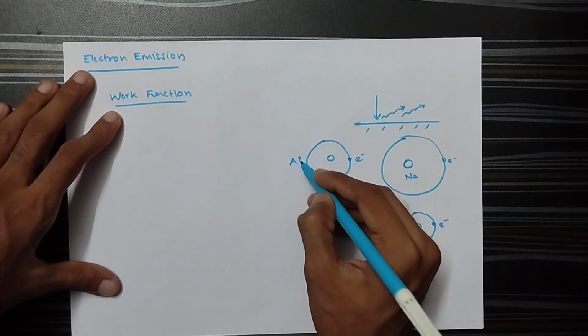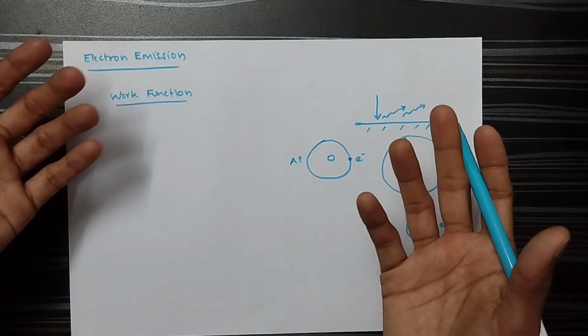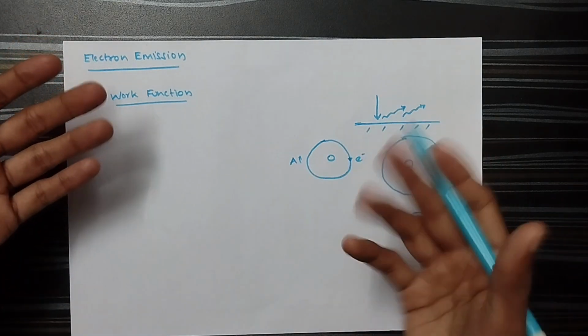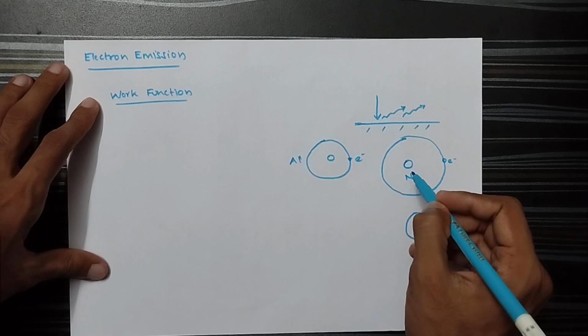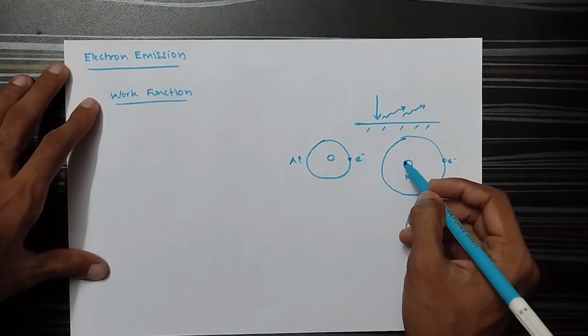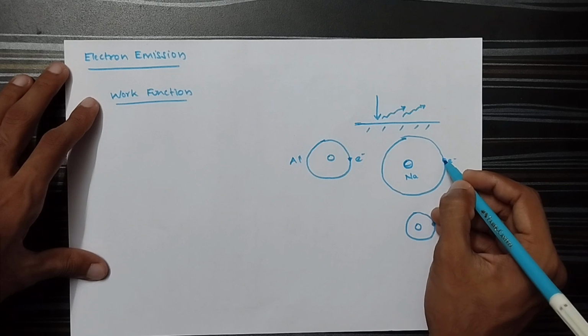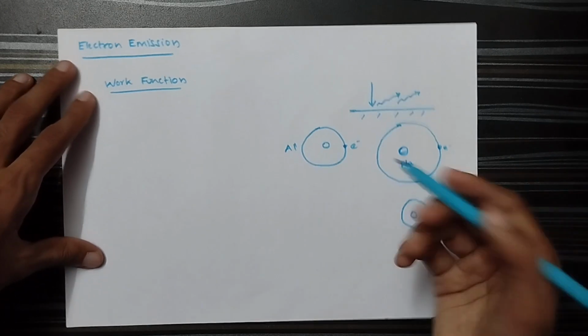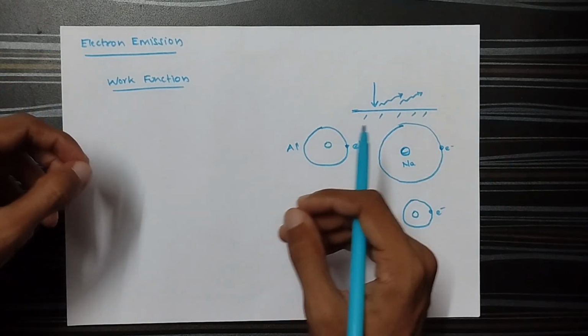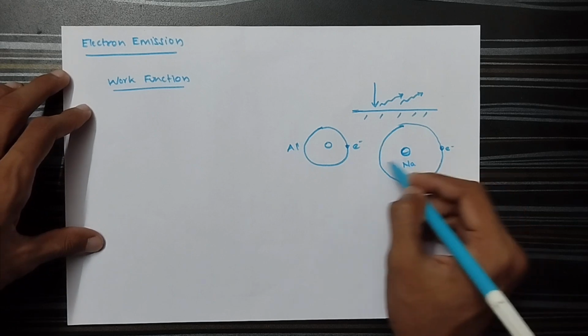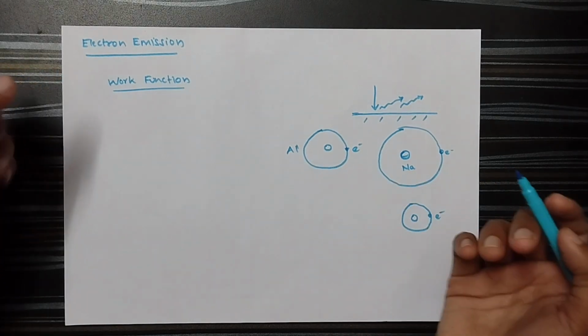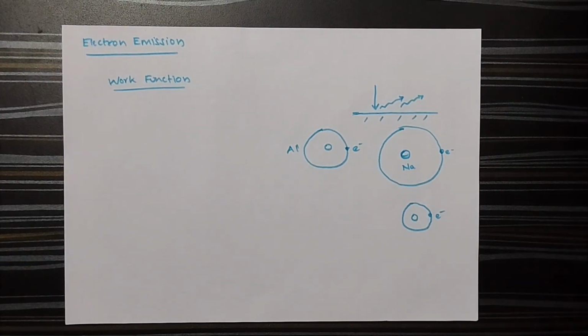So for aluminum, the work function might be greater because attraction is greater. We need more energy to remove this electron. But since sodium is larger, this distance is larger, so the electron can be easily removed from the surface using little energy, so its work function will be less than aluminum. So in such cases we can use work function.